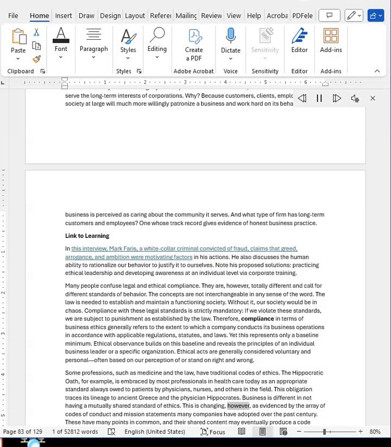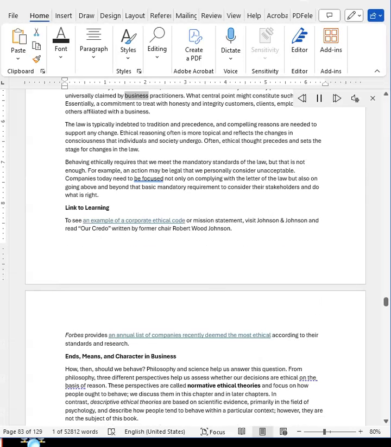This is changing, however, as evidenced by the array of codes of conduct and mission statements many companies have adopted over the past century. These have many points in common, and their shared content may eventually produce a code universally claimed by business practitioners. What central point might constitute such a code?